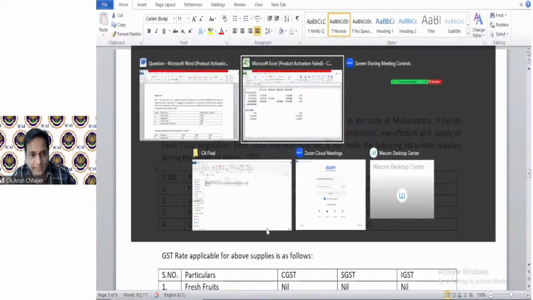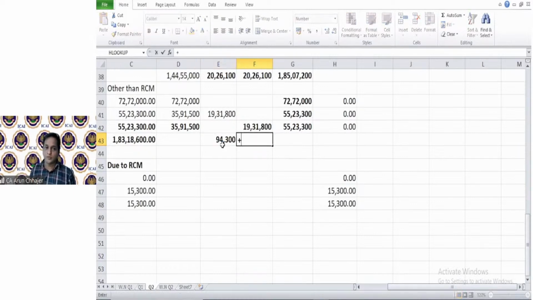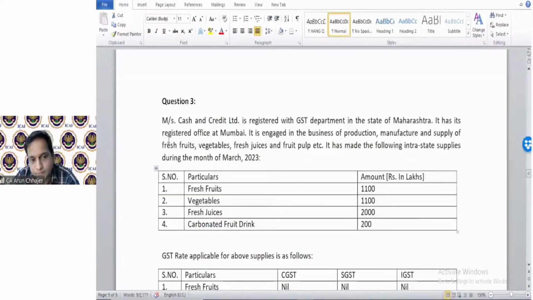If 86B will not apply, then balance 94.3. Absolutely correct, Siddharam. Absolutely correct. Great. So fine, let's move to problem number 3.